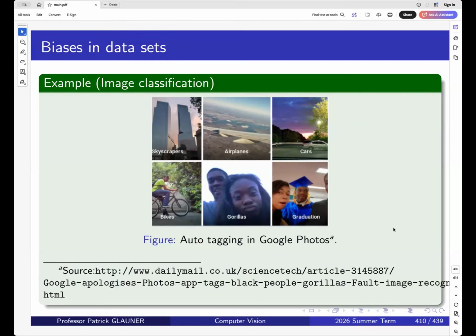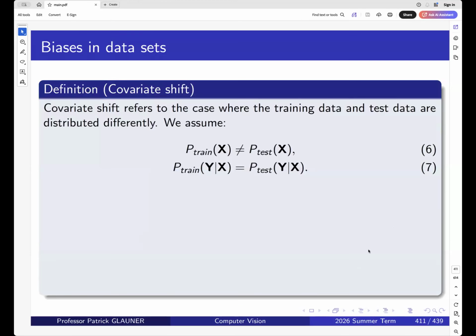There are other types of biases, and I want to look briefly with you into them. As we saw, the issue of class imbalance, there can be other types of biases.